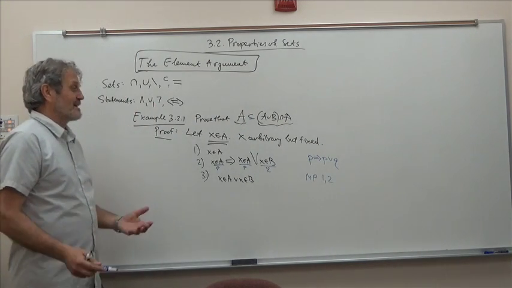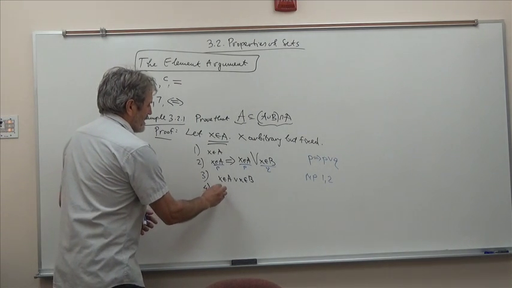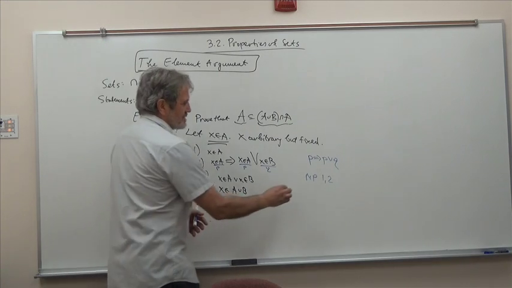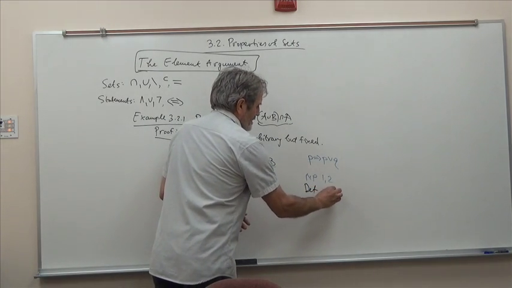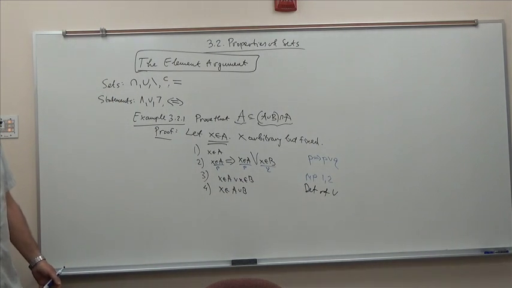So this is also an exercise for proving. What now? Number 4: x belongs to A union B. Why? That's the definition of union. If someone belongs to one of the sets, then it belongs to the union.